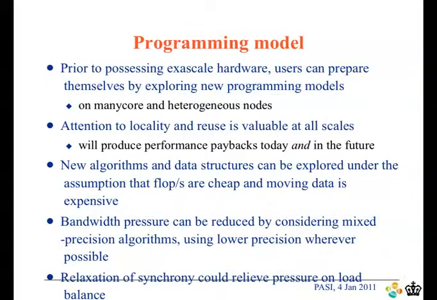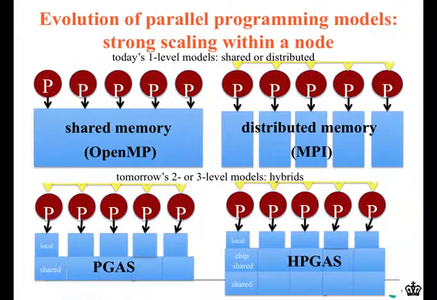Relaxation of synchrony, if we could do that, if we could move beyond some physical causality or maybe some artifactual causality that we build into our PDE models, that could relieve pressure on load balance. Right now we have either shared memory or distributed memory or hybrid, or maybe hierarchical hybrid, where there are telescoping domains of coherence across the machine.